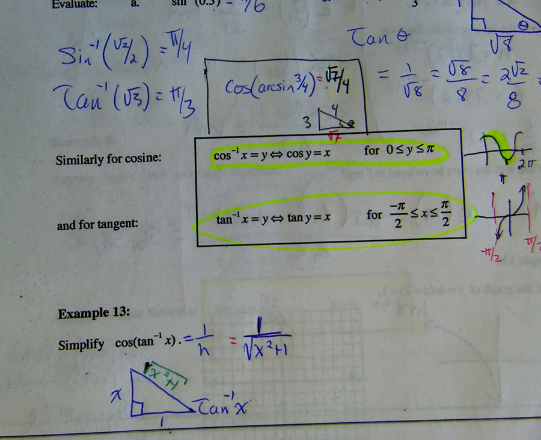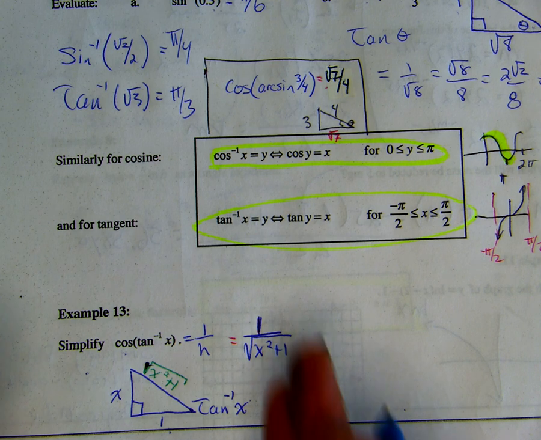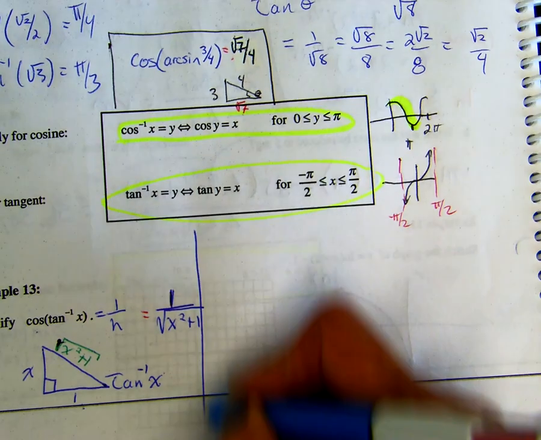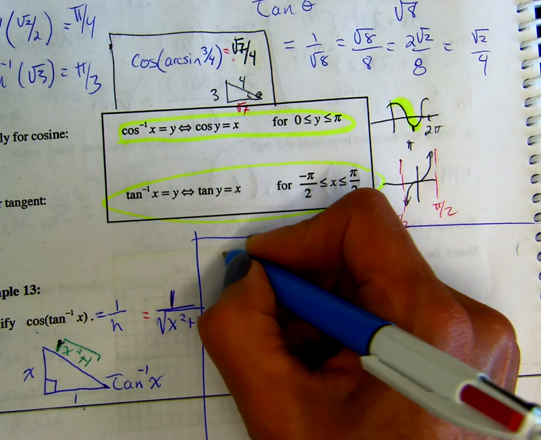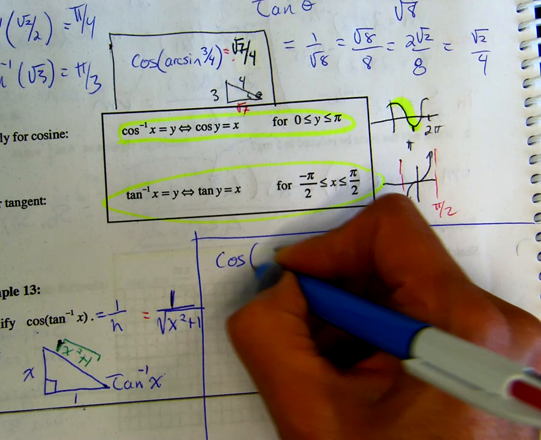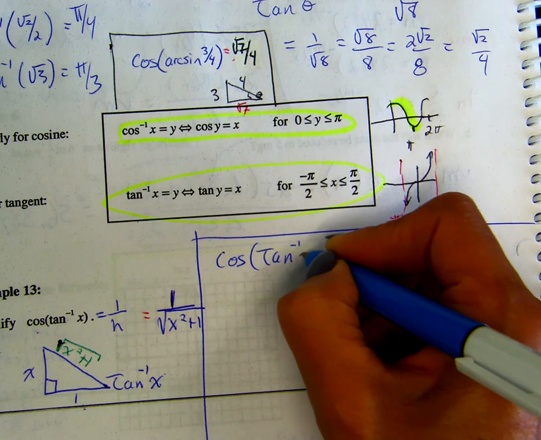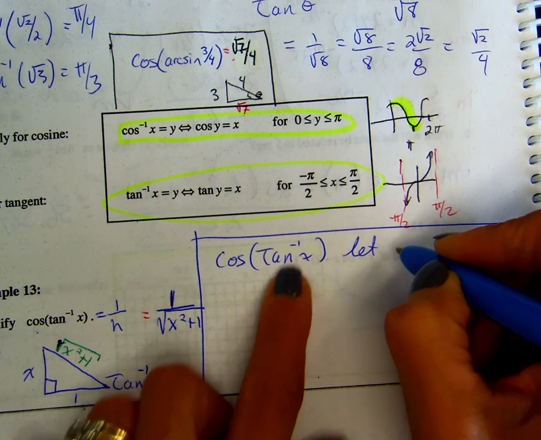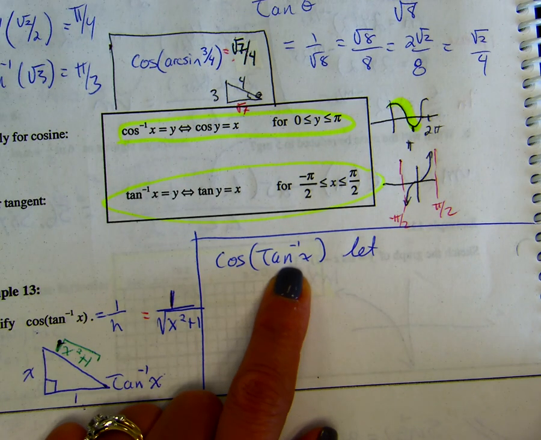Okay, in your book, you're going to see a completely different way of finding this. I'm going to go over it with you. I think it's more complicated, but the logic is coming more from a proofs background than a visual one. So it goes like this. If you have to find cos of tan inverse x, you start by doing a substitution for tan inverse x.